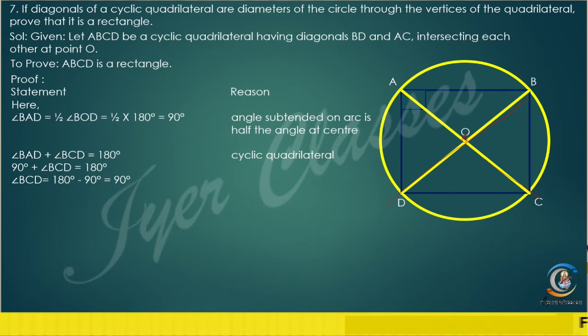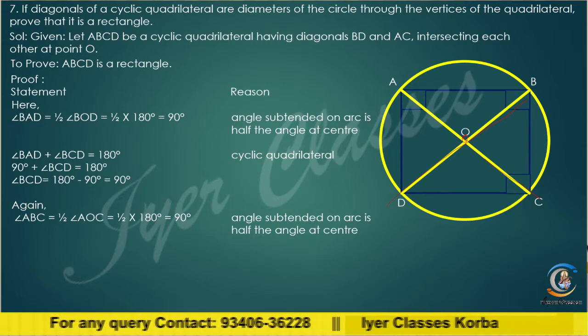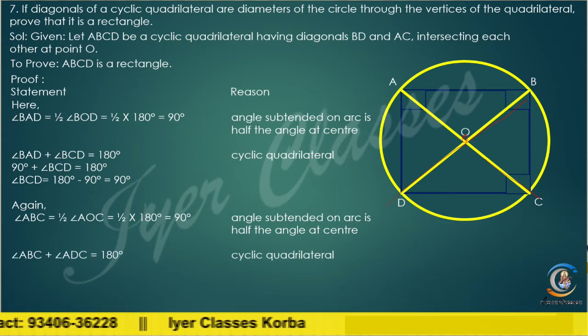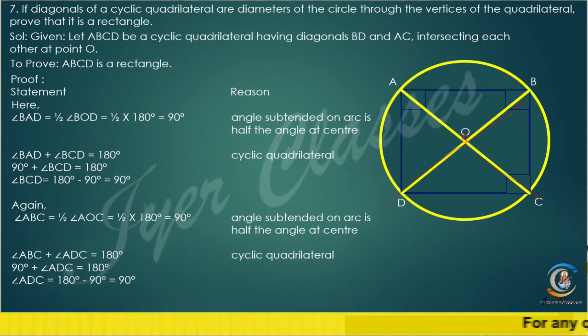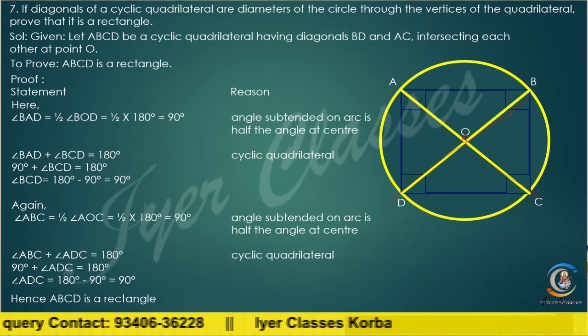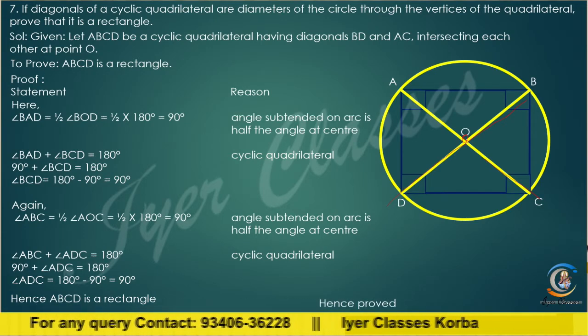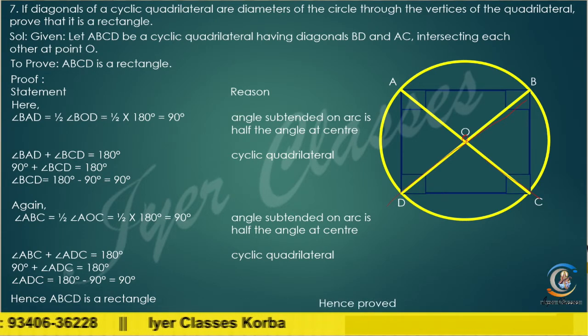If you find the other two angles in a similar way, all four angles of the quadrilateral are equal to 90 degrees, which makes the quadrilateral ABCD a rectangle, and that is what we are supposed to prove. Any quadrilateral whose four angles are equal to 90 degrees will be a rectangle, right?